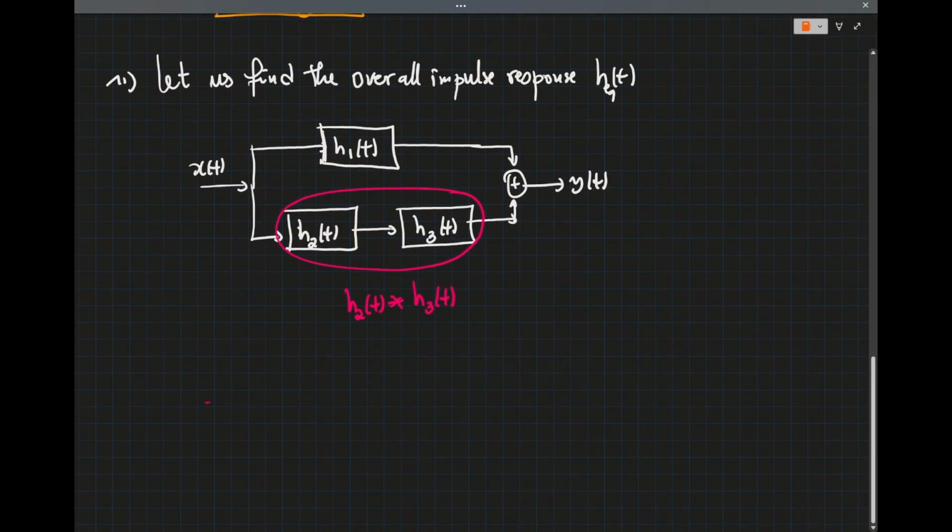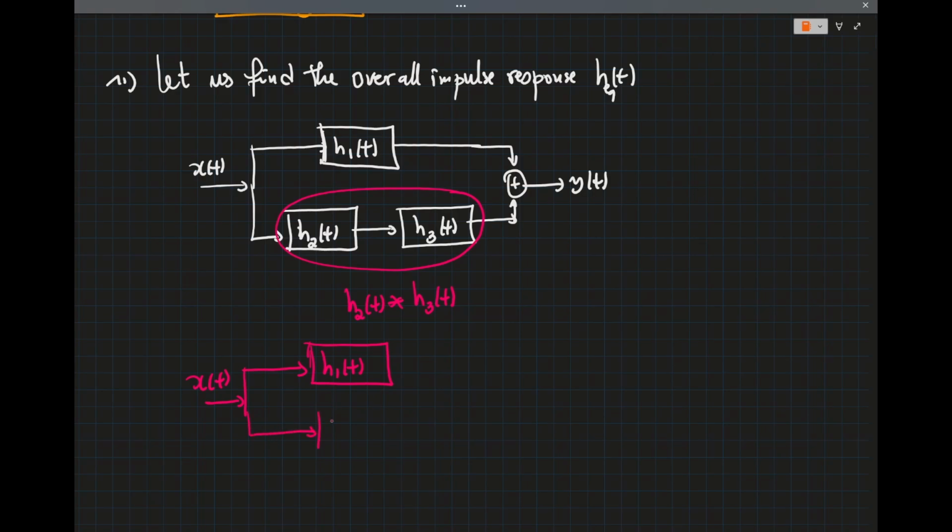So that means the block diagram becomes h1 of t, and we have h2 of t convolved with h3 of t, and this interconnection is put in parallel.